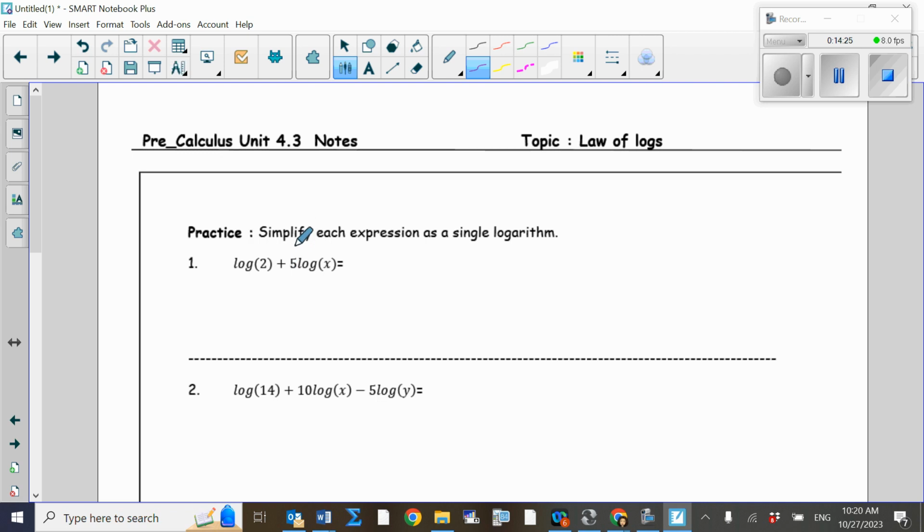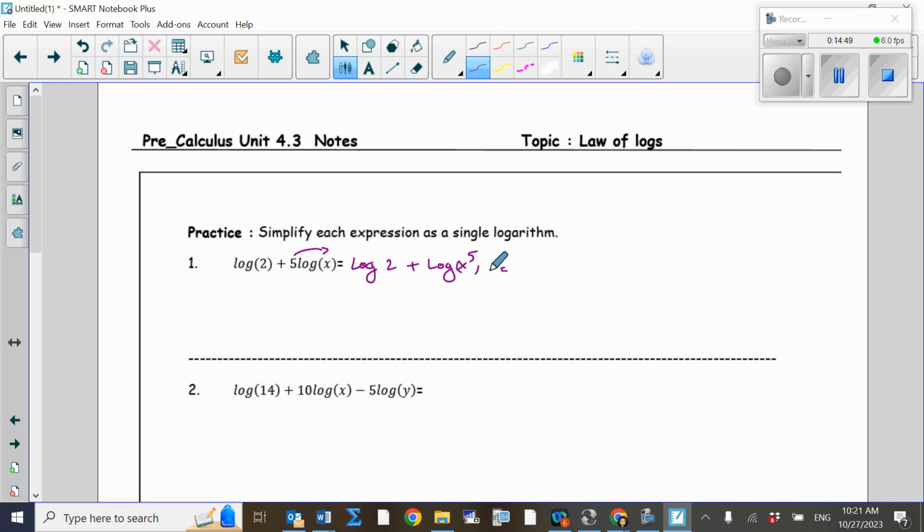Those are basically the exponents that had been moved to the front of the log. Like this 5 was basically here. So we're going to move it back to the exponent. In order to condense, I'm going to write log of 2 plus log of x to the power of 5. So this is the first step.